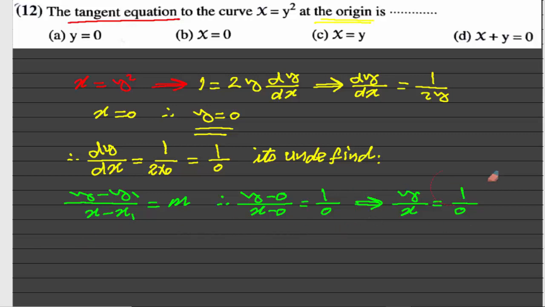So cross multiplication, what do you get? y times 0 equals x times 1. It means 0 equals x. Or you can write x = 0, and this is the tangent equation, x = 0. Here. Question number 13.